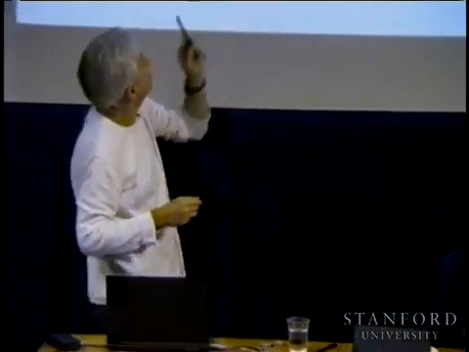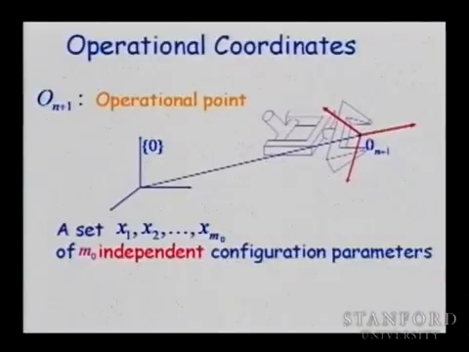But if I have a tool, the task will be here, and the operational point would move depending on where I'm going to do the interaction. So this is the first definition, the operational point. So you have 3 degrees of freedom. And then you add 3 degrees of freedom, like the 3 angles, to form a set of independent parameters. And that gives you a set of generalized coordinates or operational coordinates.